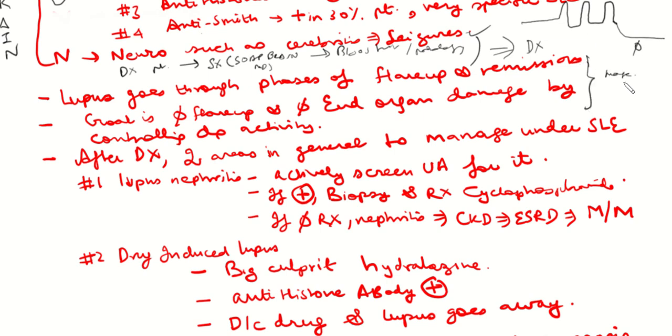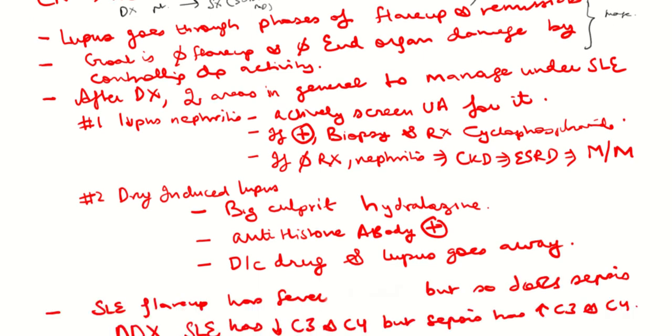Now, before we look deep into management in detail, let's look at a couple of things. First, let's say we diagnose lupus. Well, we got to treat the lupus, but before we treat the lupus, there's two areas within lupus that we need to look at closely. The first one is lupus nephritis. Is the lupus damaging the kidneys?